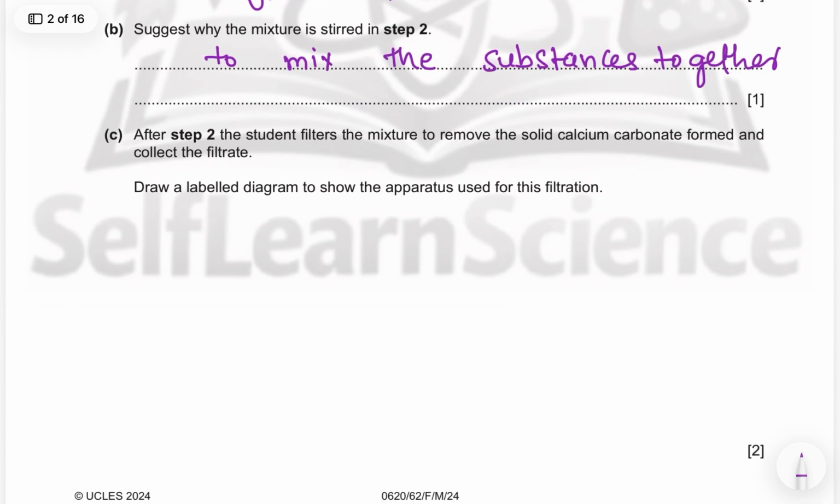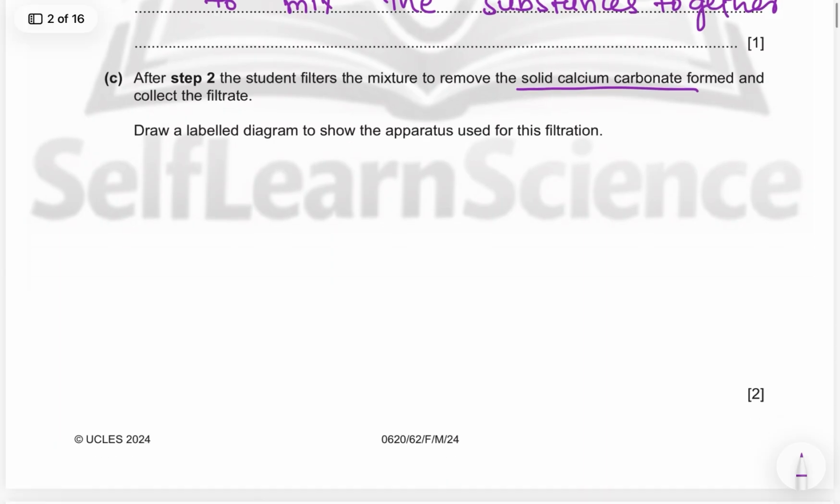After step 2, the student filters the mixture to remove the solid calcium carbonate formed and collect the filtrate. Draw a labelled diagram to show the apparatus used for this filtration. So for filtration, we need to show a filter funnel and a conical flask. Okay, so we are first going to draw the filter funnel.